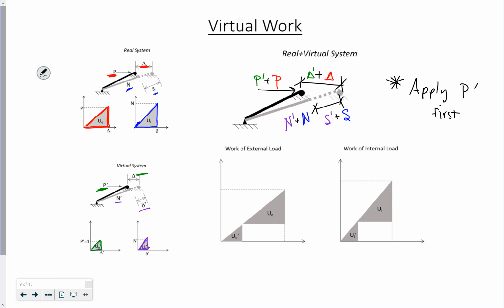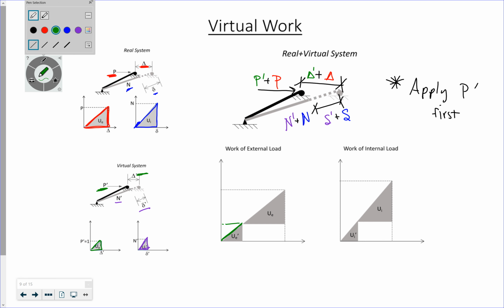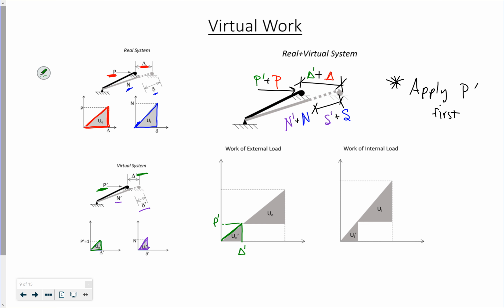Let's say I apply the P prime first. All right, I'm going along here. I add P prime, which causes a deflection, big delta prime.